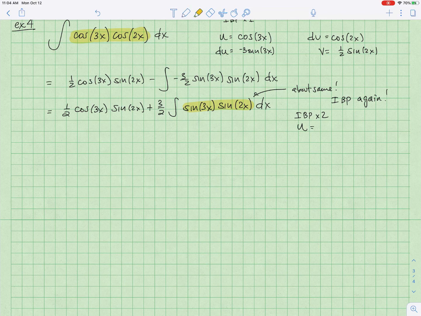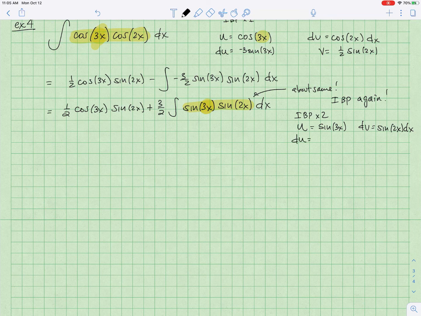They're both the same trig function, but in terms of consistency, my trig function for u had the 3x in it, so I'll have sine 3x here, in which case dv will be the sine 2x dx, since we had chosen the 2x to go with the dv.